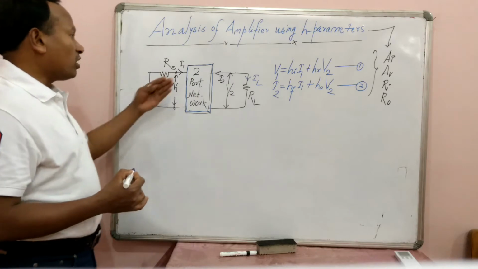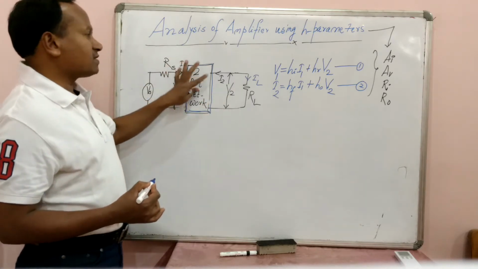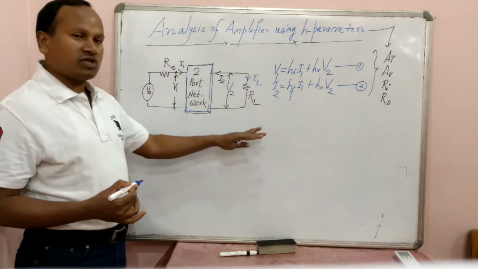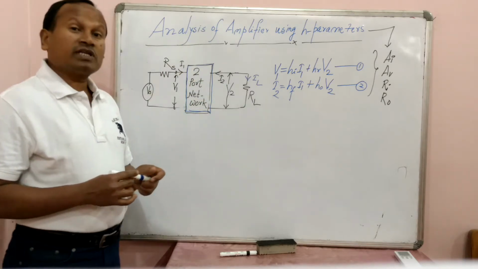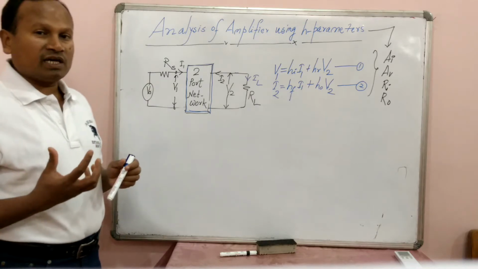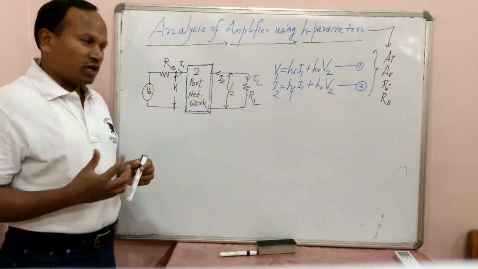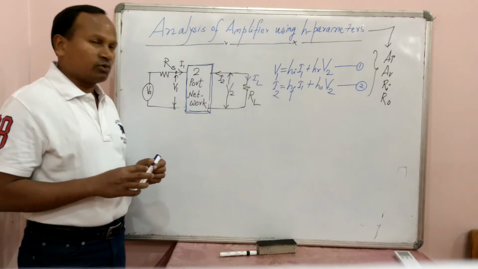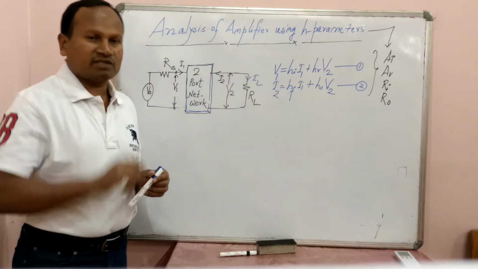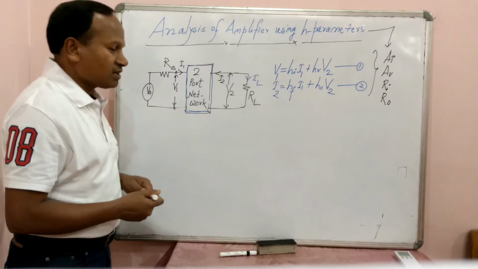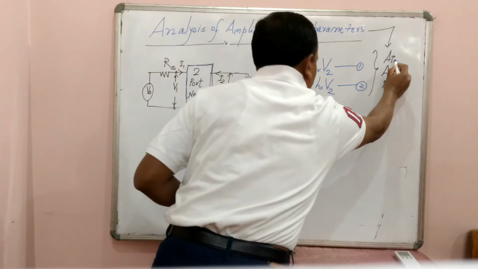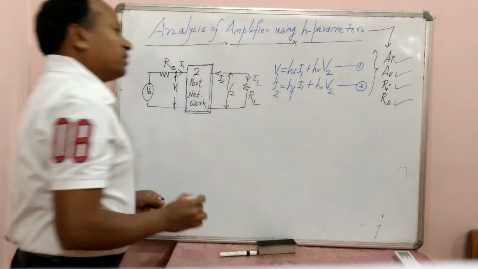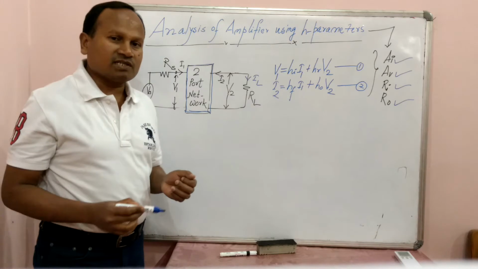Let us draw the equivalent circuit of this block diagram. Then we will analyze the transistor amplifier using this concept. But before that, let us understand what we mean by analysis of a transistor amplifier. Whenever we are interested in analyzing the transistor amplifier, we are interested in determining four important parameters. Which are those four? Current gain, voltage gain, input impedance and output impedance; you can say input resistance or output resistance also.